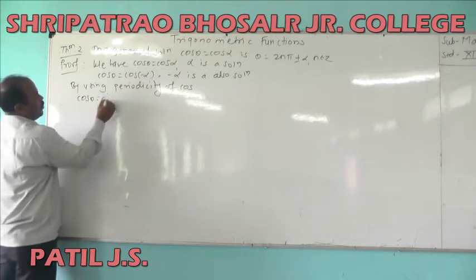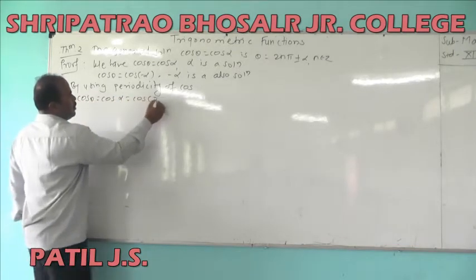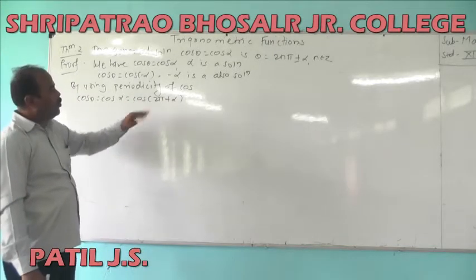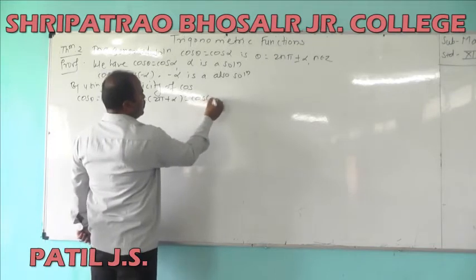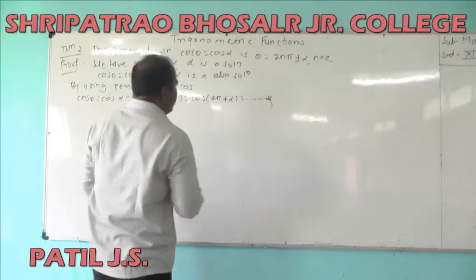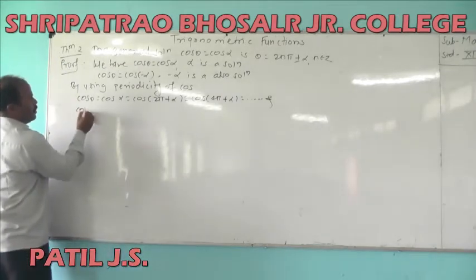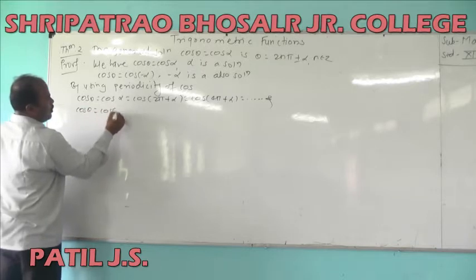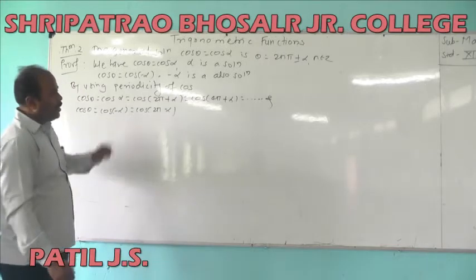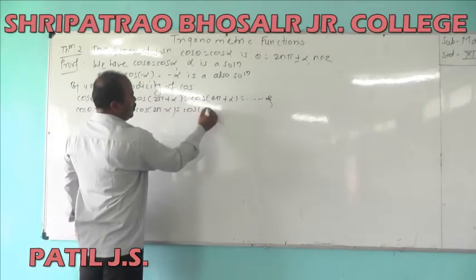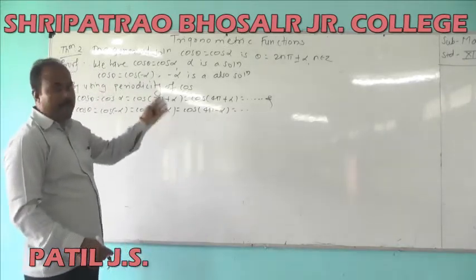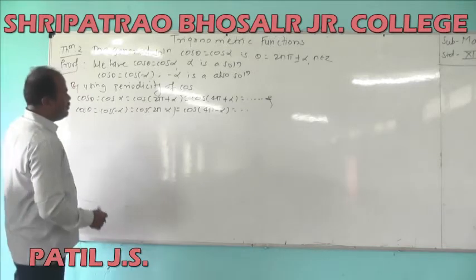cos theta is equal to cos alpha is equal to cos (2 pi plus alpha). The period of cos is 2 pi, so cos (4 pi plus alpha), and so on. And cos theta is equal to cos of minus alpha is equal to cos (2 pi minus alpha) is equal to cos (4 pi minus alpha), cos (6 pi minus alpha), cos (8 pi minus alpha), and so on.